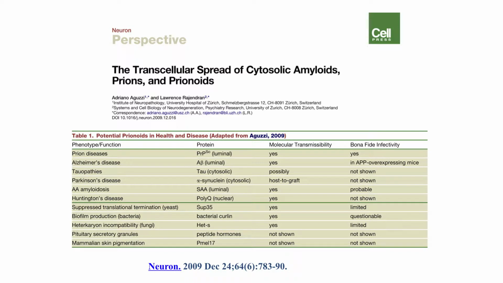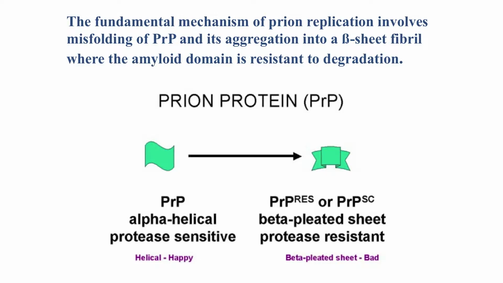That would include Alzheimer's disease, tauopathies, Parkinson's disease, light chain amyloidosis, a whole bunch of diseases that are all similar to Alzheimer's disease in that they are age-related neurodegenerative diseases. Now, the way the prion model works is that you take a normally folded protein which has a normal job, in this case PrP, the prion precursor protein, that's what PrP stands for, and it's normally alpha helical.